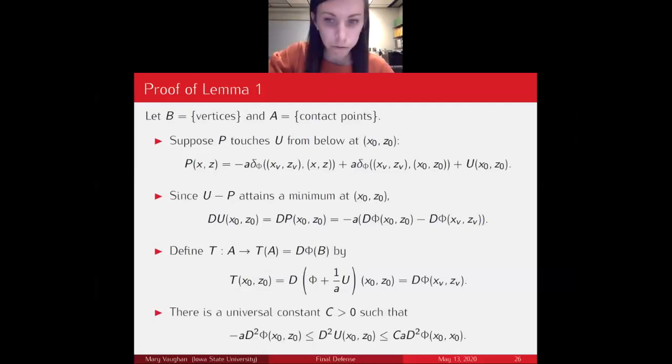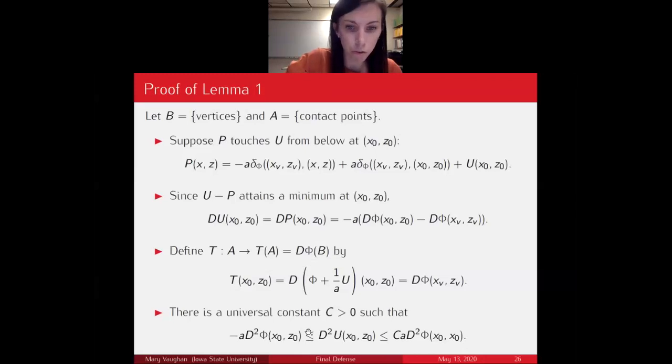And the other piece, before we demonstrate the estimate, is we have control of the Hessian of u at these contact points. So the lower inequality, and that control is in terms of the Hessian of phi. So this first inequality here just comes from the fact that P touches U from below at x naught, z naught, and the Hessian of P is the Hessian of phi, explicitly with this negative A in front.